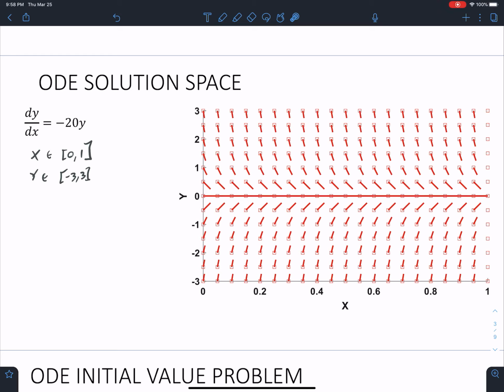You repeat this process for every single possible point in this map, and you get all of these arrows. And let's look at a specific initial value problem here.